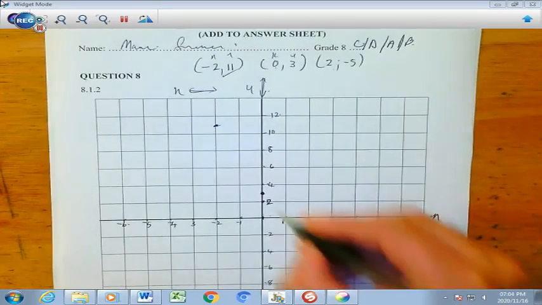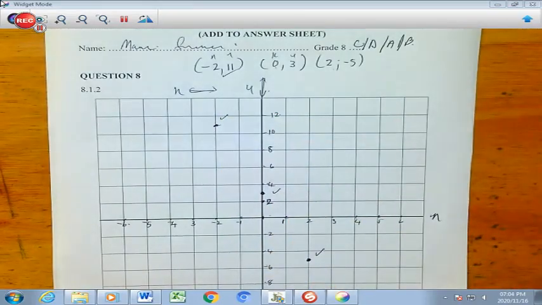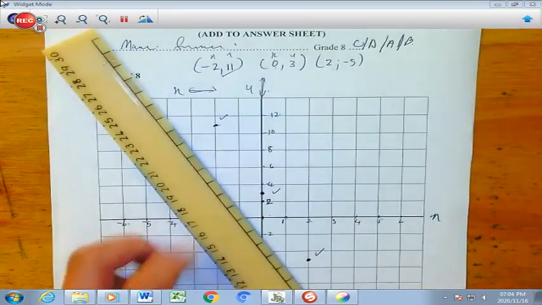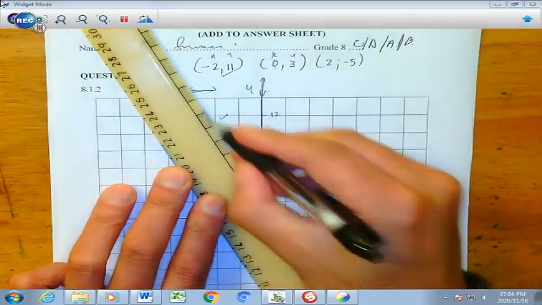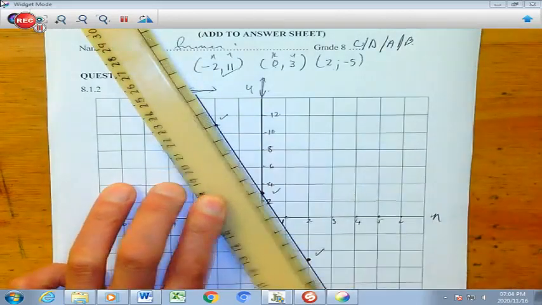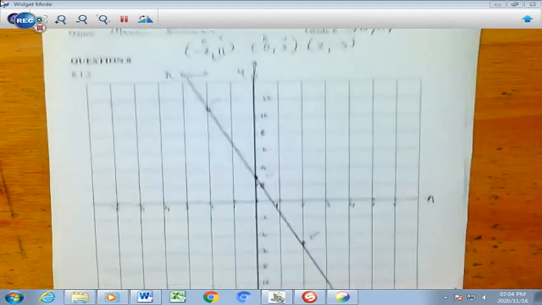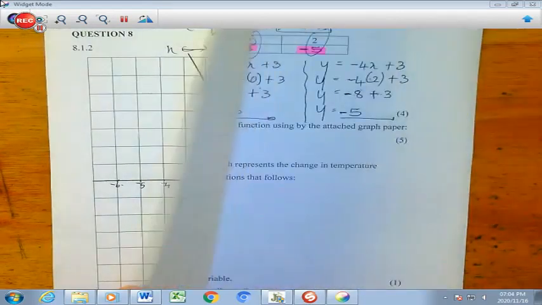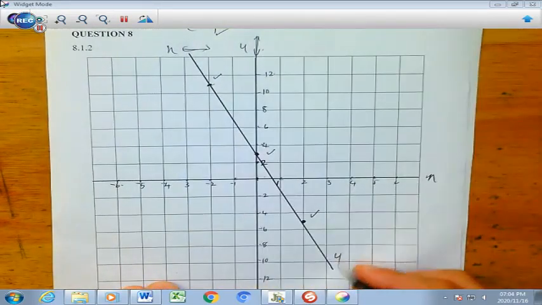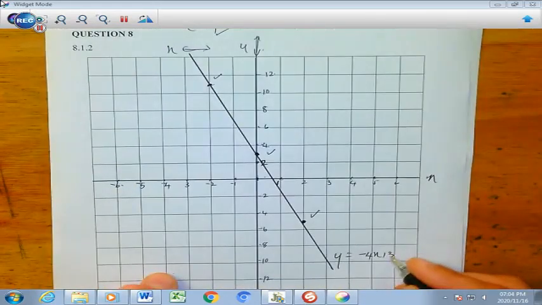Right. So if I clearly plot my points, you're going to get a mark for each of the points. And then if you take a ruler or a straight edge, like I'm going to do, I'm going to connect all 3 points in one single line, which basically tells me that we have a straight line graph with a formula of y equals -4x plus 3.